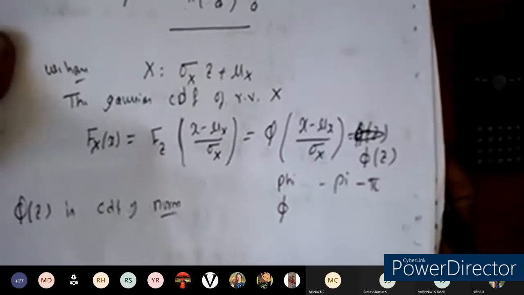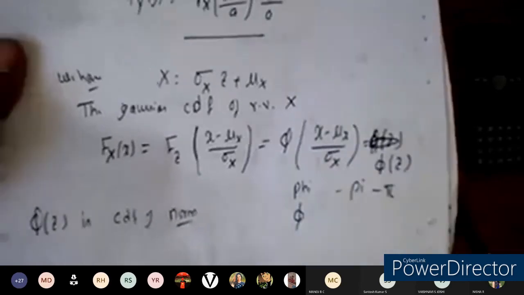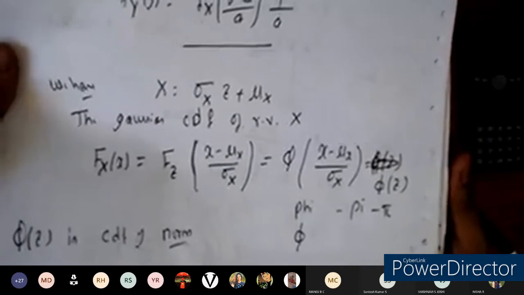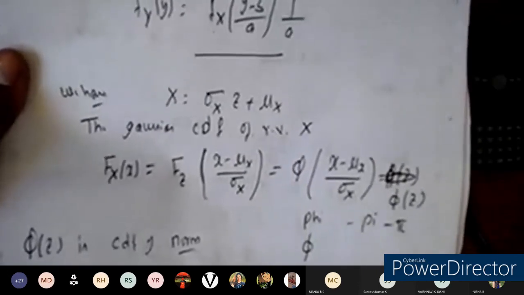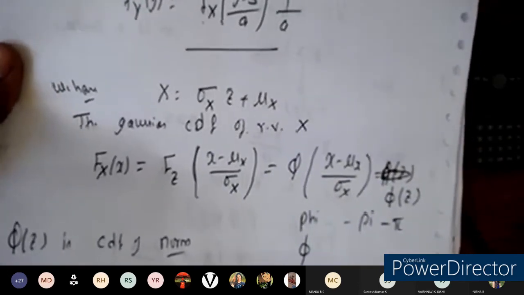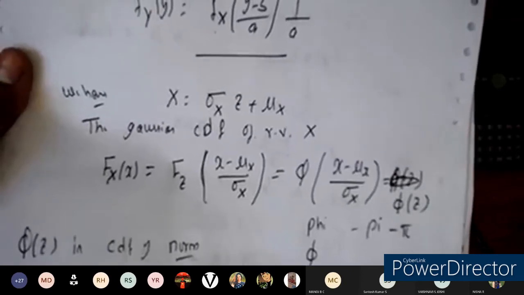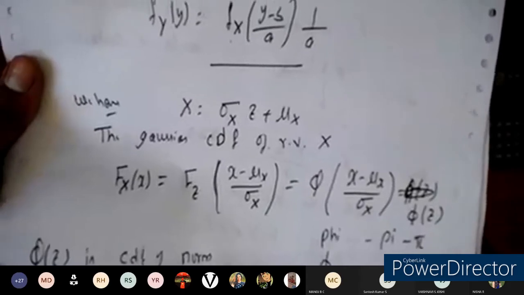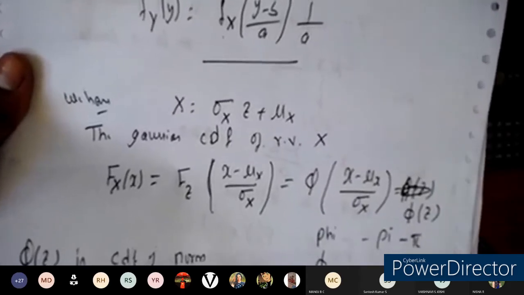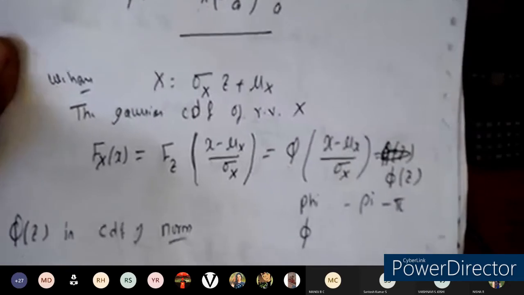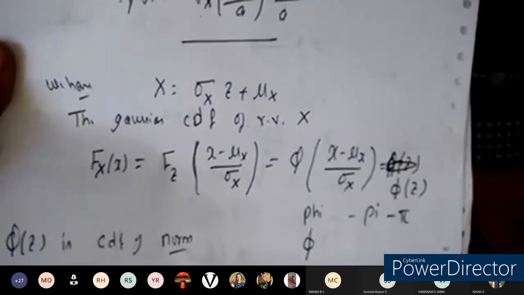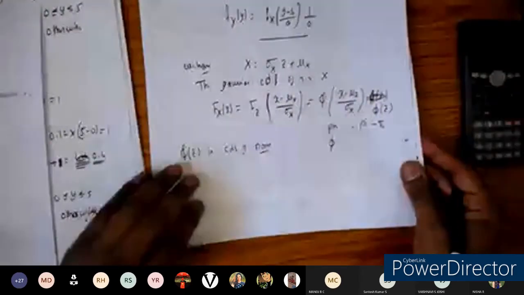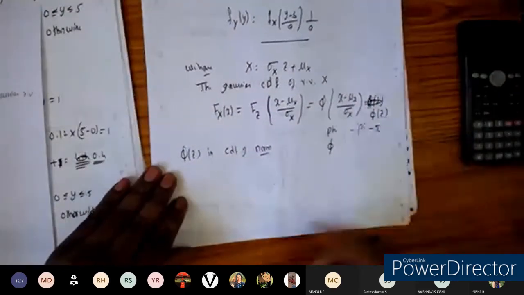Now, the PDF of the normalized Gaussian random variable is given by the following.